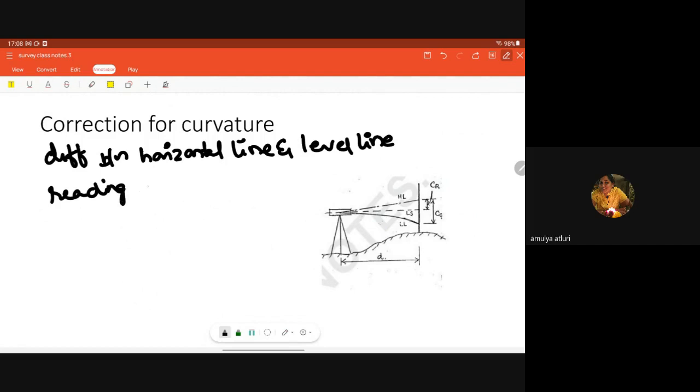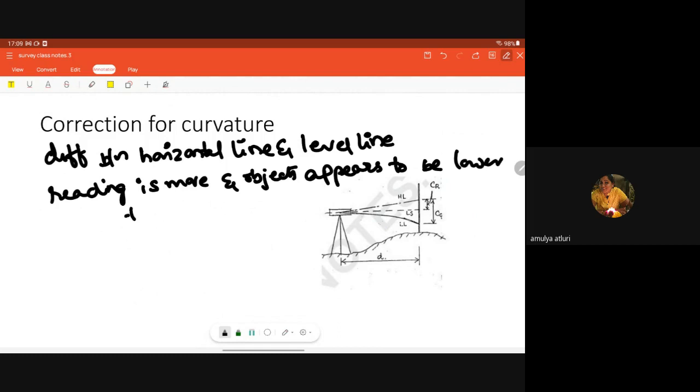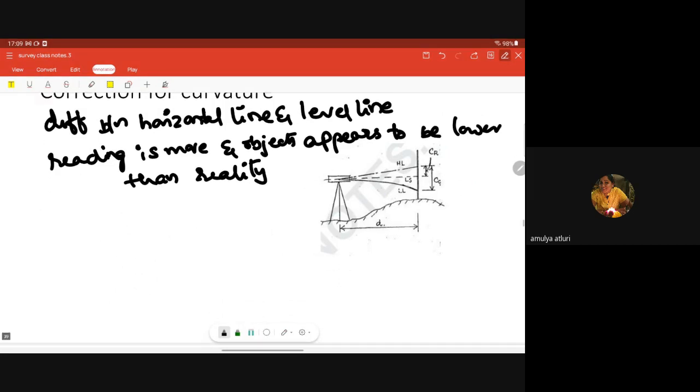Reading is more and the object appears to be lower than reality. You can see it, right? So hence the correction for curvature is negative.